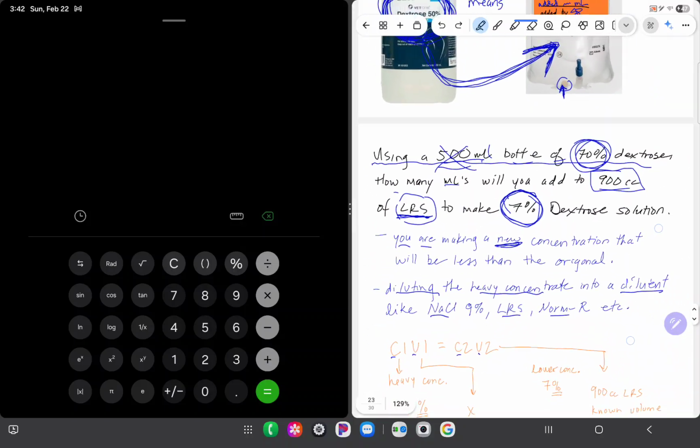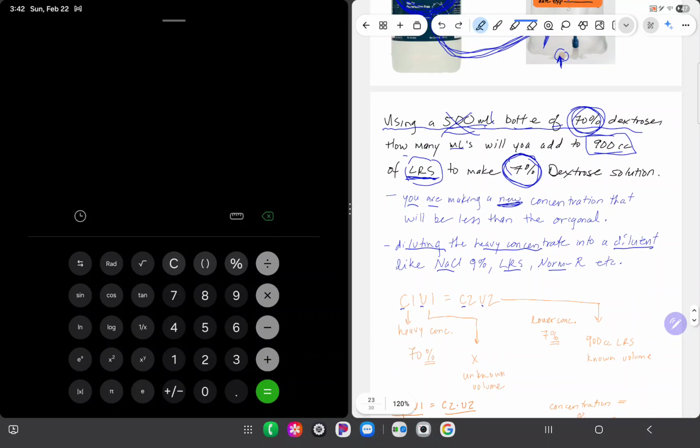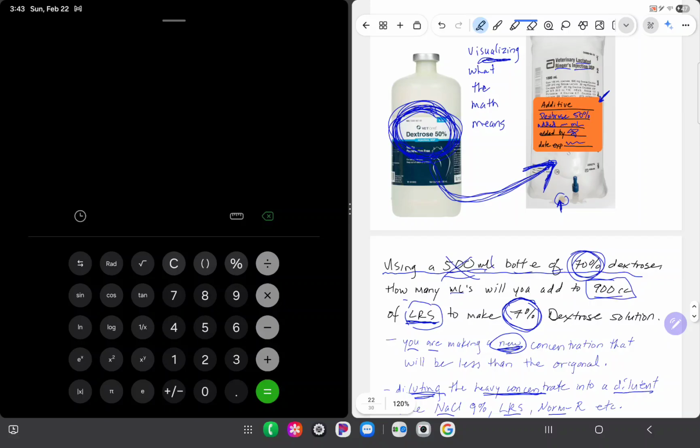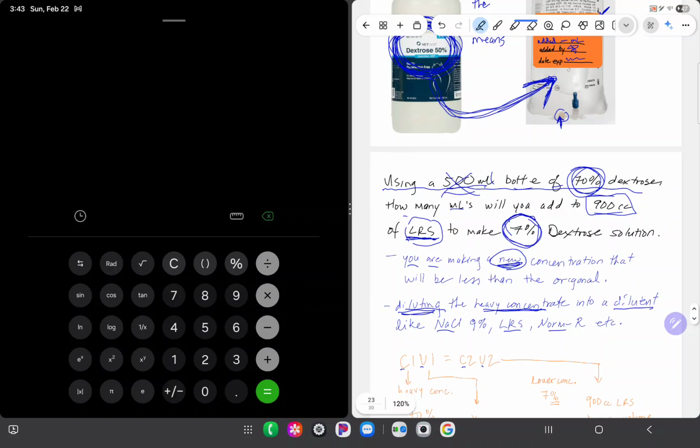So we are, again, creating a new concentration. We are diluting out the heavy concentrate, which is this guy here with the 50% or the 70% or whatever heavy number is on that, way down to something low, something like 7%.